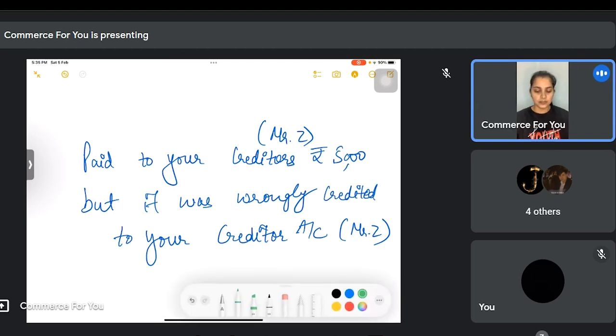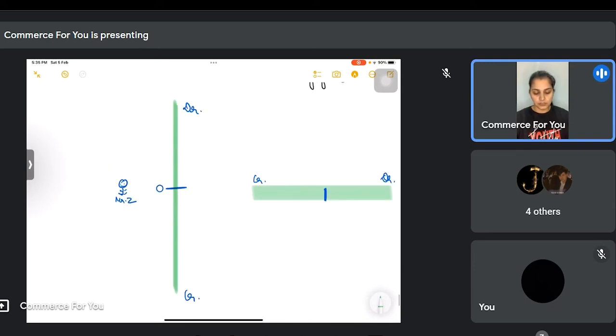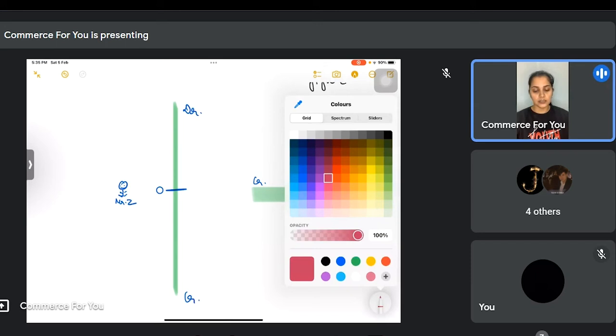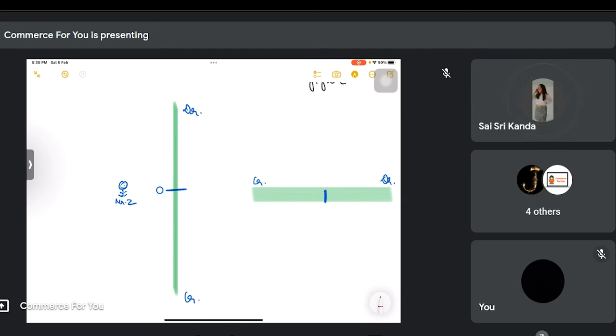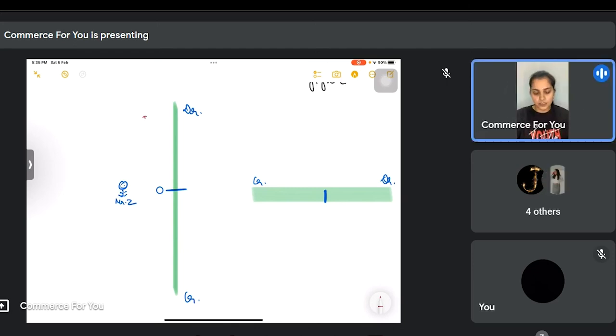Now please tell me, if this is your position, he's your creditor. If you want to make his payment, आपने payment कर दी है. His balance should move to debit or credit. Debit, because you are going to reduce its value. आपने क्या किया? You have wrongly taken to this side.